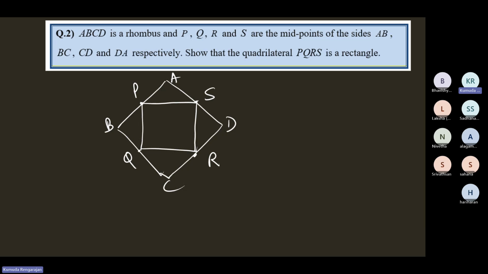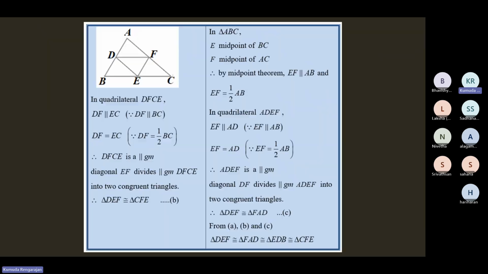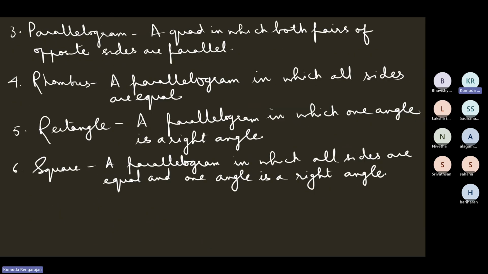The definition of a rectangle is a parallelogram in which one angle is a right angle. So to prove that a quadrilateral is a rectangle, you need to first prove it's a parallelogram. To prove that a quadrilateral is a rhombus, rectangle, or a square, you should first prove that it's a parallelogram.